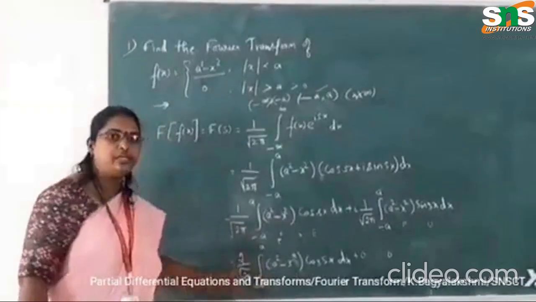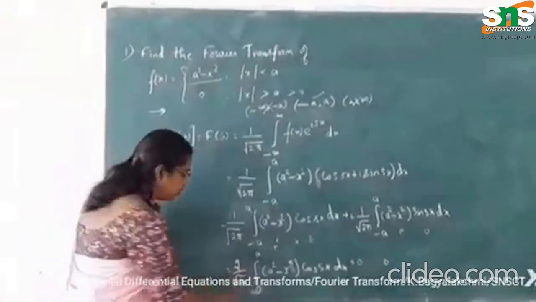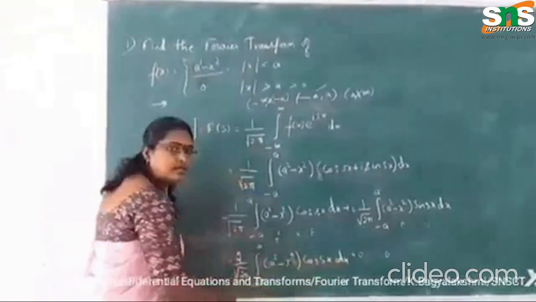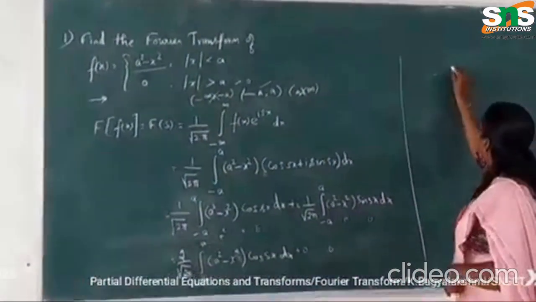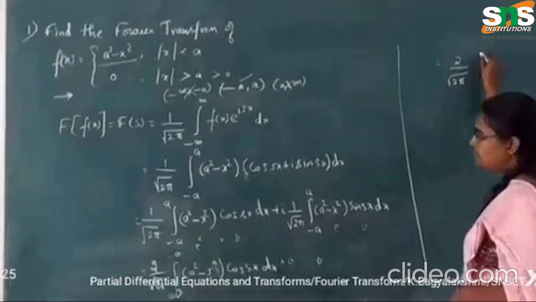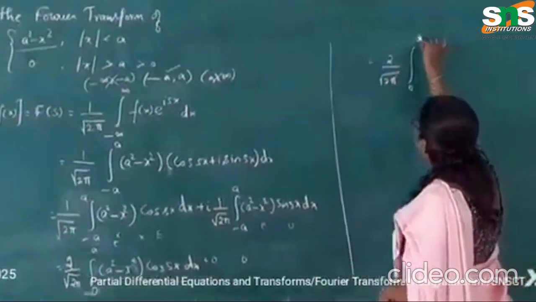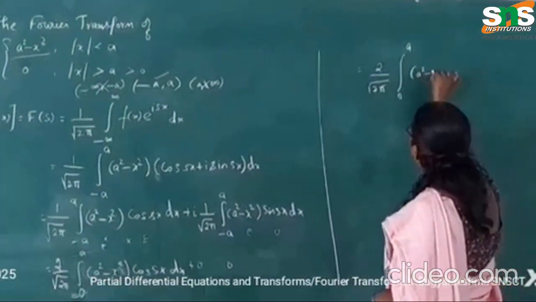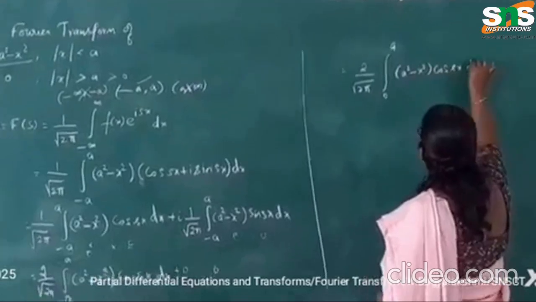You can change the limit like this if it is an even function. So we are going to calculate only this term, which is equal to 2 divided by root of 2π integral from 0 to a of (a² − x²) cos sx dx.